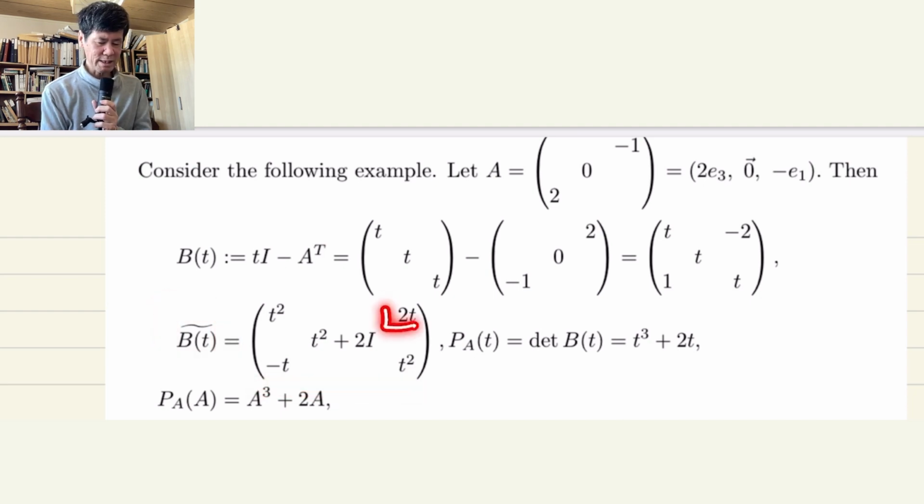For instance, this element is defined by deleting this, and 0 plus 2 times t, and so on. The characteristic polynomial p(t) is equal to the determinant of B(t), which is t cubed plus 2 times t, and p(A) is A cubed plus 2 times A.